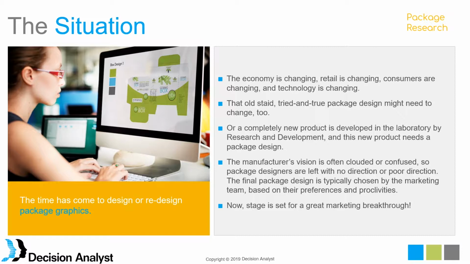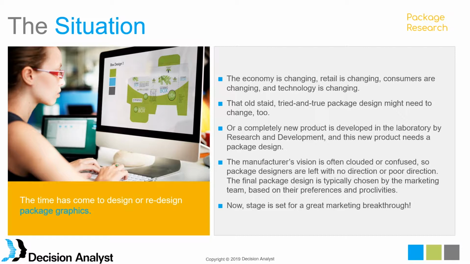And most commonly, if you look at all of the packages out on all the shelves, most package redesigns never go through any type of formal marketing research evaluation process. The typical process is a group of senior executives sit around the table, look at preliminary package designs, reduce the number.